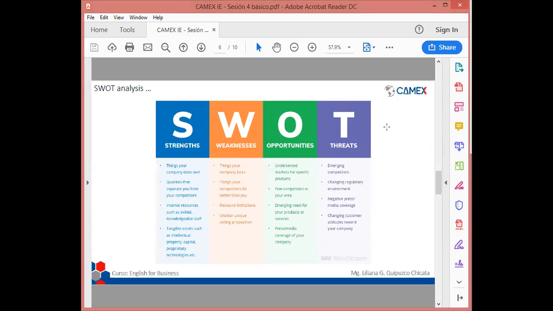Let's say our competitors just offer two or three options for a main course, and we offer six options. So our clients will have more options to choose from, so they will be happier, and this will be a strength. This is a quality that's going to differentiate us from others.